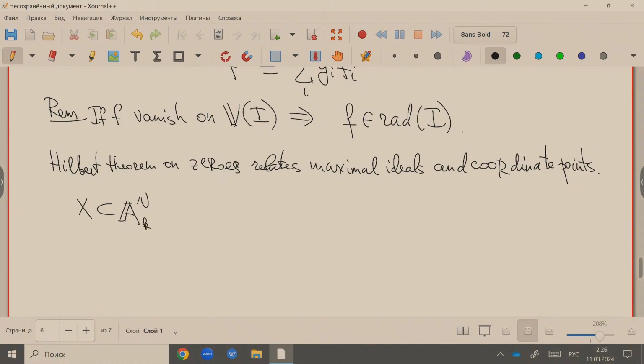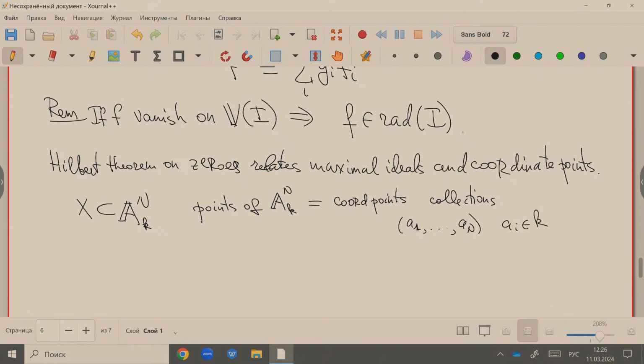Here we have a base field, and we call points of A^n just a set of coordinates, which are collections (a1, etc., an), where ai belongs to your field.